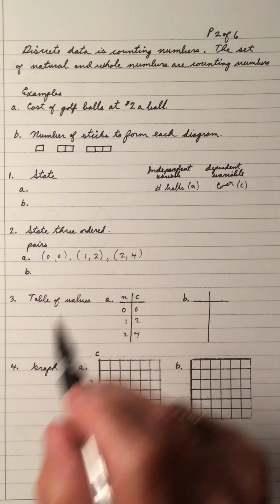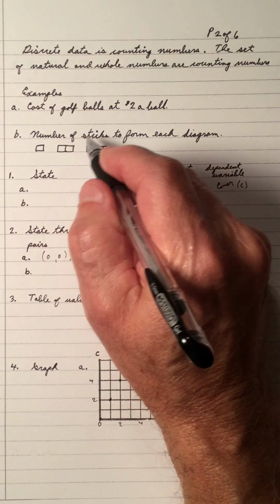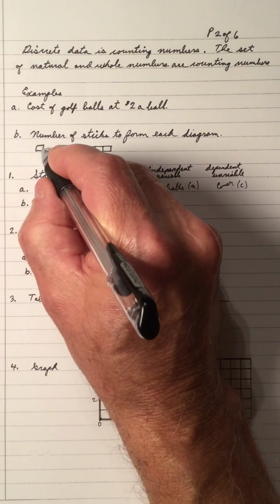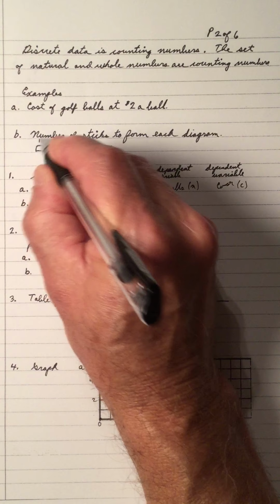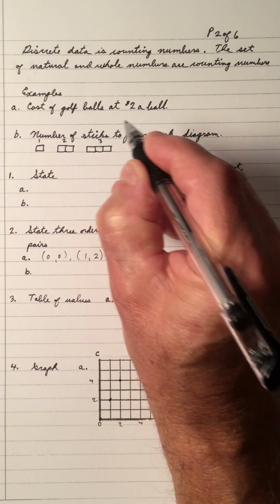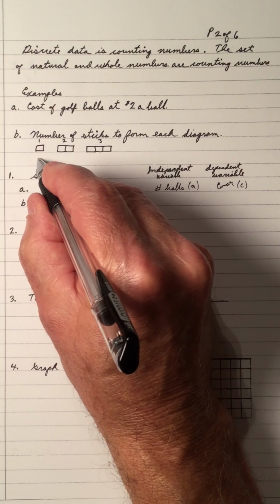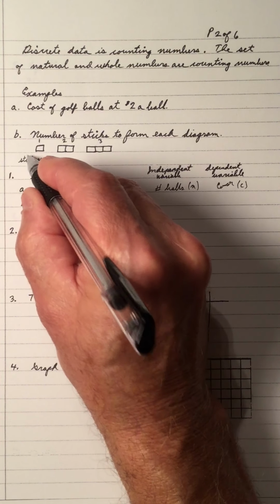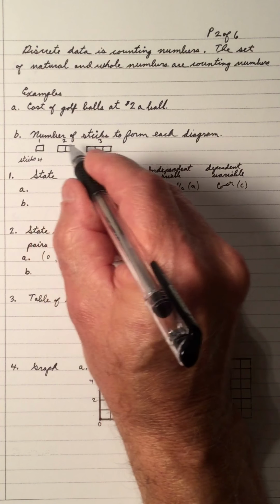Here we go. Let's look at B, the number of sticks to form each diagram. So if this is diagram 1, this is diagram 2, and this is diagram 3, what we have here is 4 sticks to make this box.